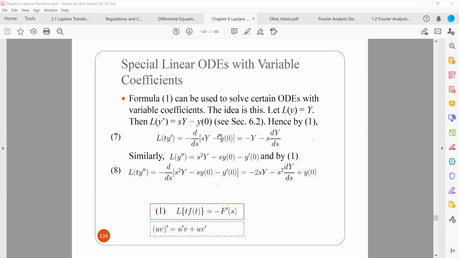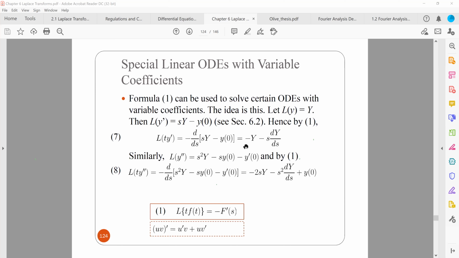This is a constant, so when you differentiate, it goes to 0. Here, because you have s and Y, you use the chain rule. You first differentiate s and you get 1, which gives the Y here, and then you differentiate Y with respect to s. That's why you end up with s dY/ds. The minus then comes in and they're both negative.